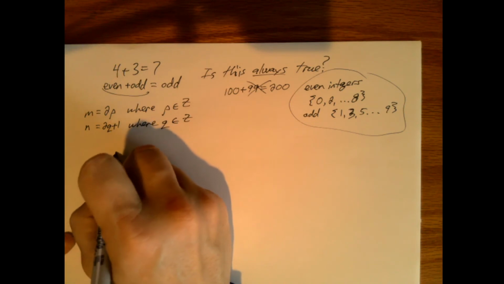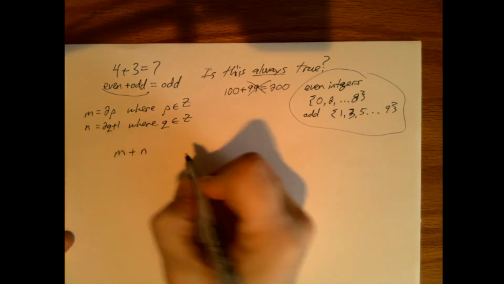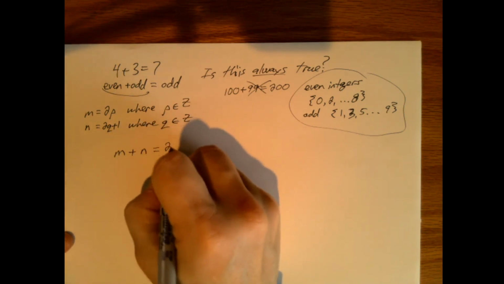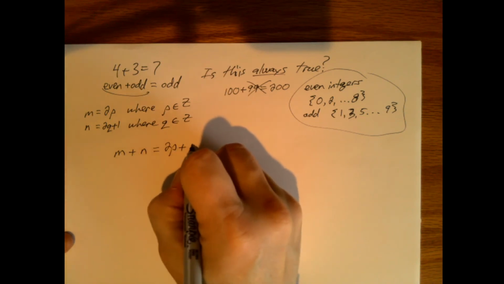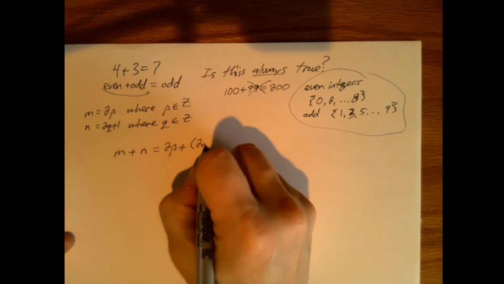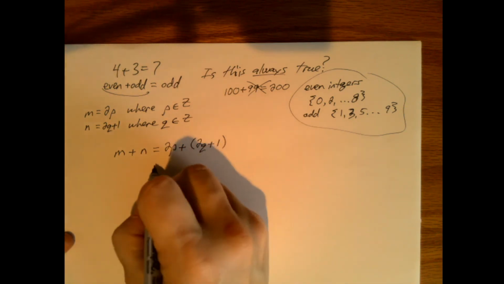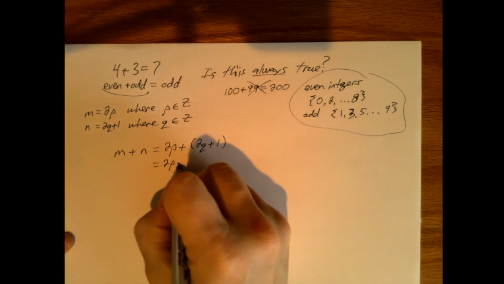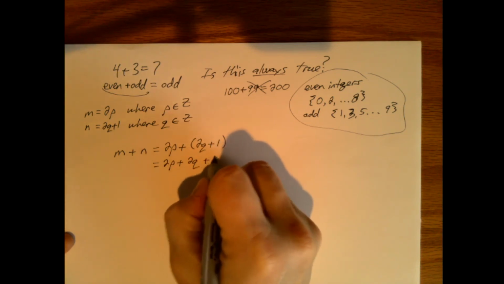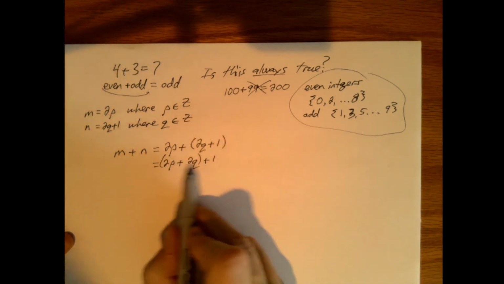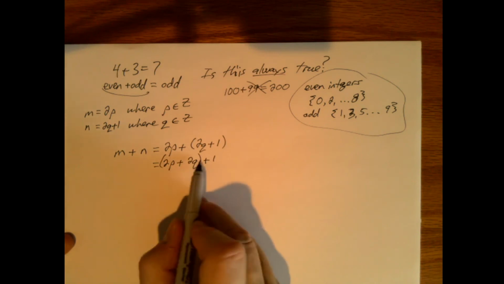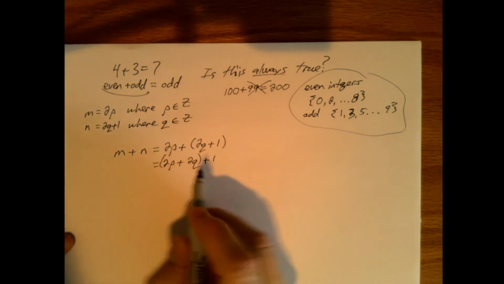So even plus odd would be M plus N, which is equal to 2 times P plus, and we'll put in parentheses to make sure we realize this is the odd number, 2Q plus 1, which is equal to just 2P plus 2Q plus 1. I'm using the associative property. And what do these have in common? Well, they're both multiples of 2.